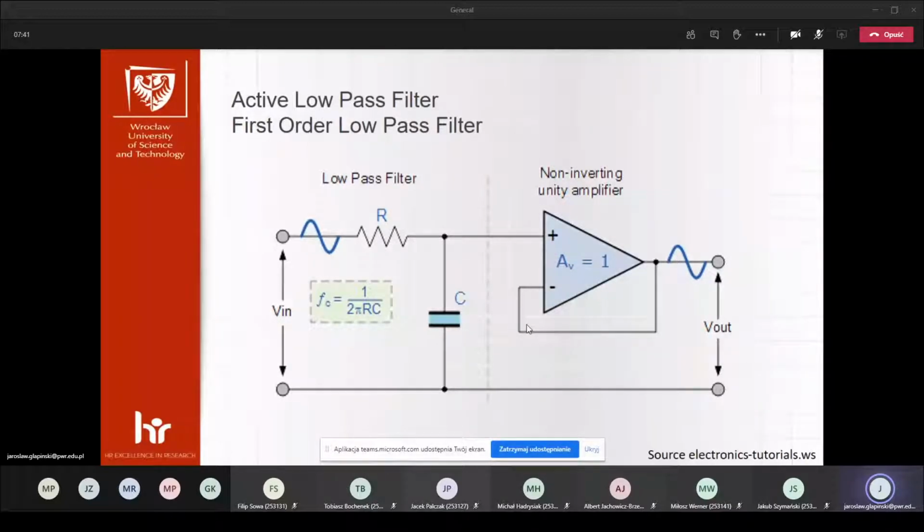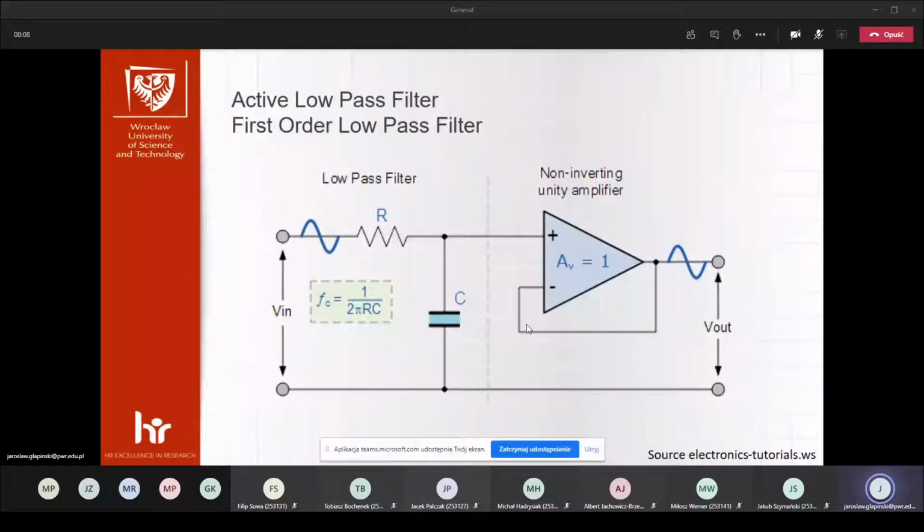But we can also make some more complex mathematical operations. And as you know, probably the filtering is also a mathematical concept. We can use some mathematical equations to filter a signal, for example, the sinusoidal signal.